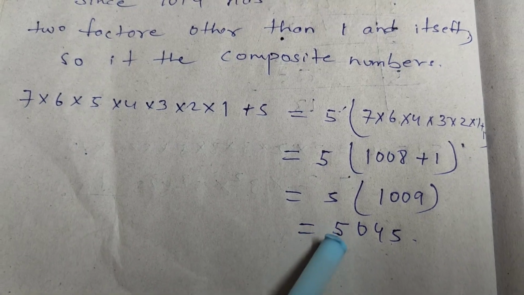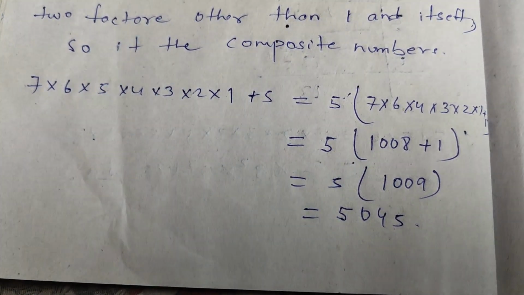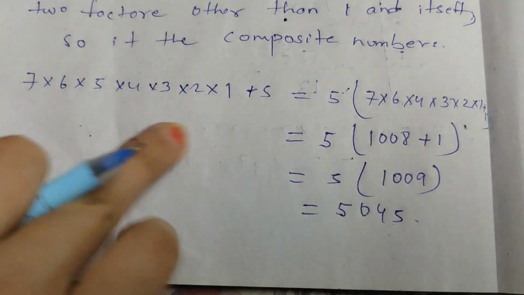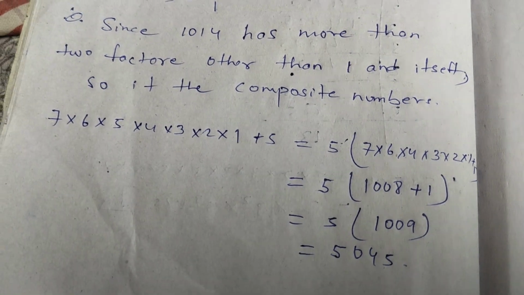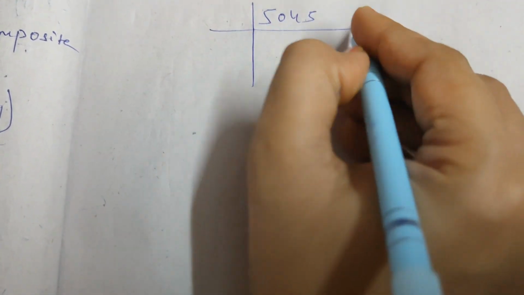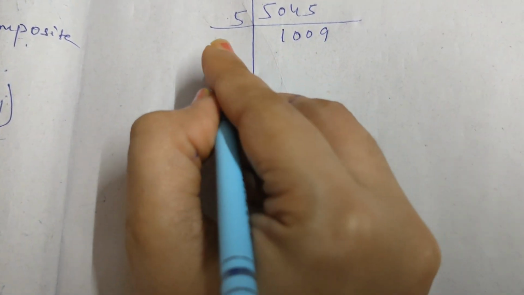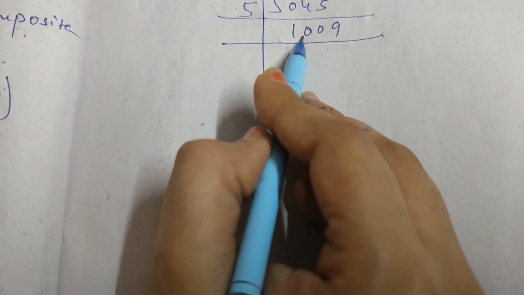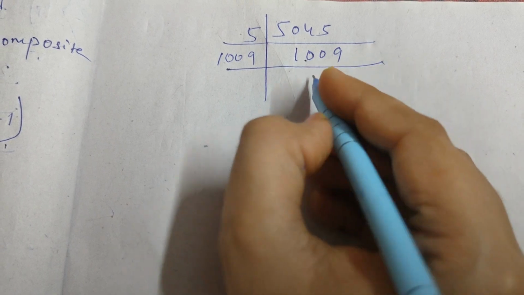We get this number 5045 after solving this condition. So again we divide this number with all the prime numbers for finding its factors. This number is not divisible by any other number, so we directly divide this number with itself.